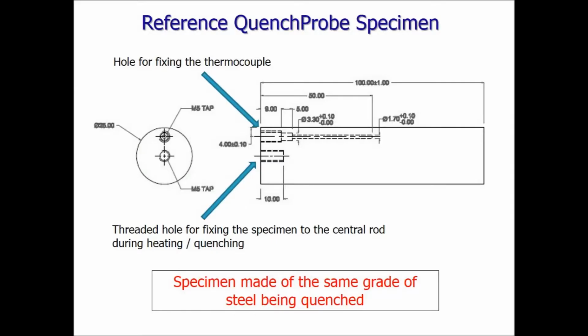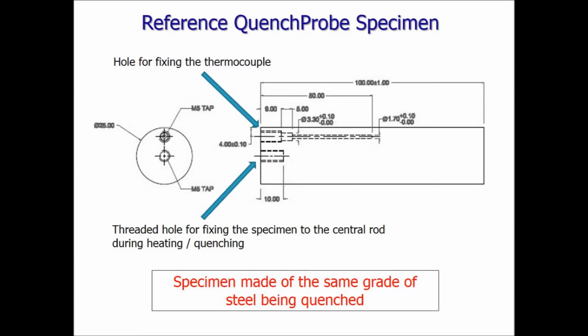As different from these designs, the reference quench probe is made of the same material as the component being quenched, and the quenching is done not in the laboratory, but in the plant.